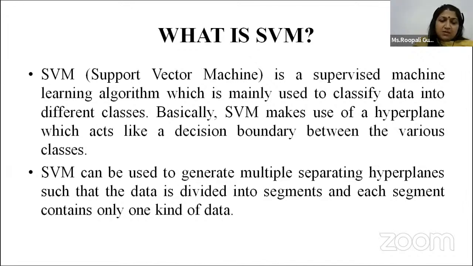So SVM can be used to generate multiple separating hyperplanes such that the data is divided into segments, and each segment will only contain one kind of data, right? So why do we use it? We use it to generate multiple hyperplanes. There are a number of ways in which we can make the hyperplanes, and we will be discussing which hyperplane will act as the best hyperplane, and how we can make the hyperplanes in between the different data, right?